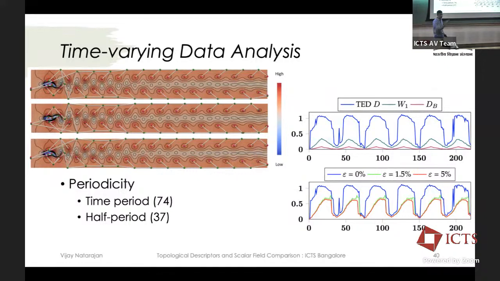The Wasserstein, and there is a version called bottleneck, do a good job of capturing the periodicity, but they are not as discriminative, in the sense that the function values for the tree edit distance are much clearer at distinguishing between what is similar and what is not similar. Hence, we would prefer the tree edit distance.